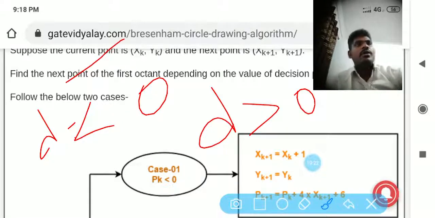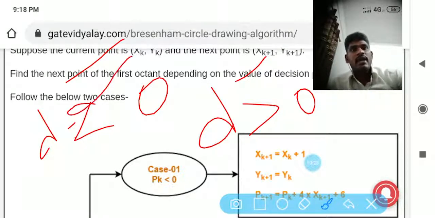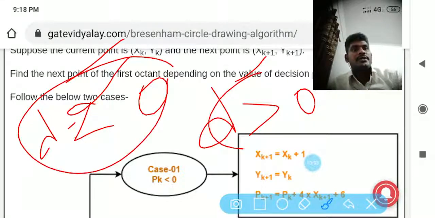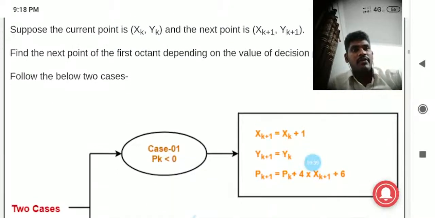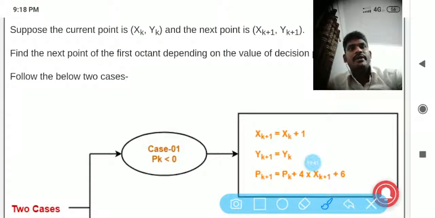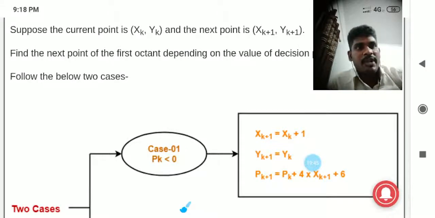D less than 0 will follow one equation, d greater than 0 will follow another equation. So based on the decision parameter, we will follow the equation. Again I will tell you, we are finding the decision parameter.